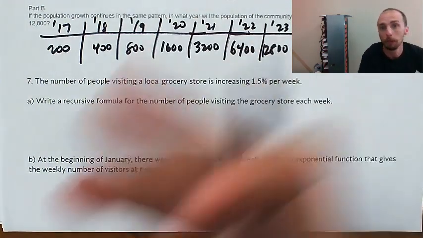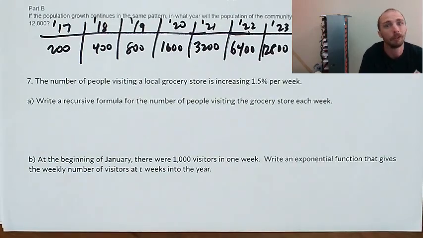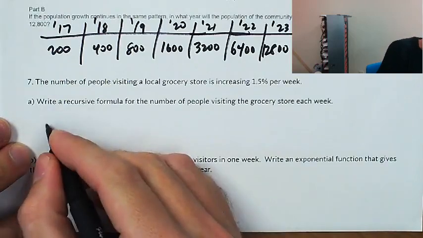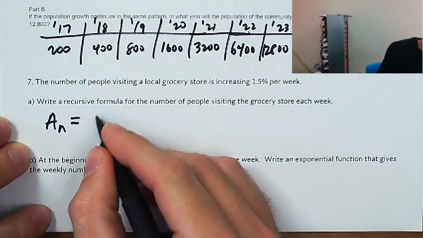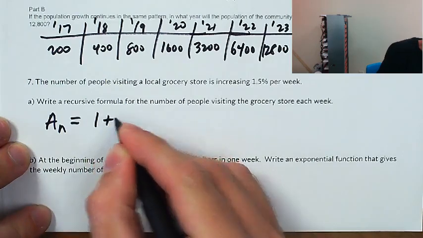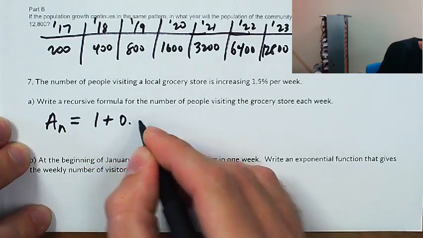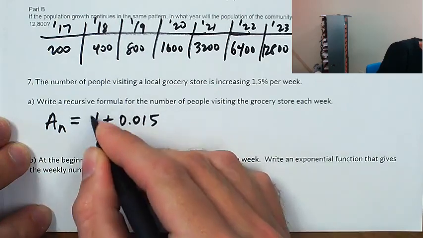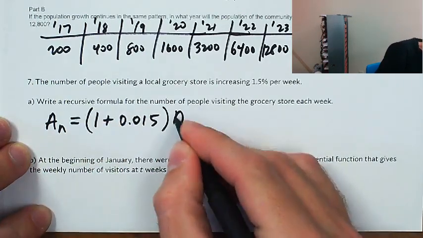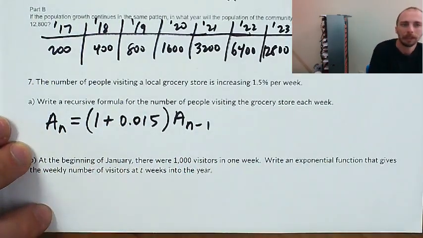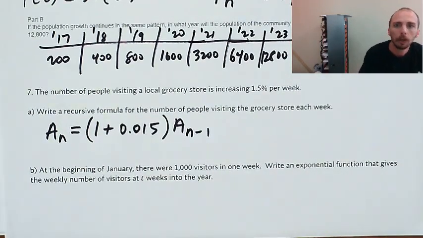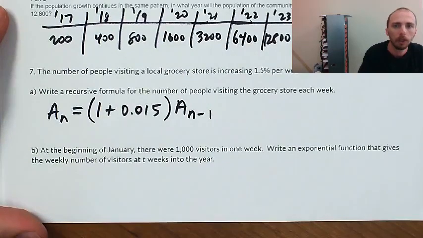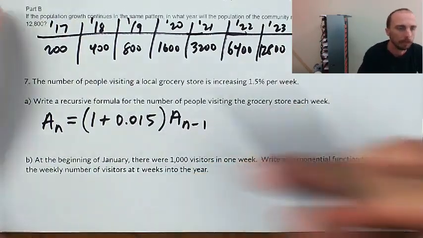The 1 being like all those people that were showing up the week before, they're still showing up, and then there's growth at 1.5%. So I'm saying that the number of people in a given week is equal to 1 plus 0.015 times the previous week's number. Now you could call that 1.015 if you wanted, and I'm probably going to do that down here when I make this an exponential formula, but I think that's fine.